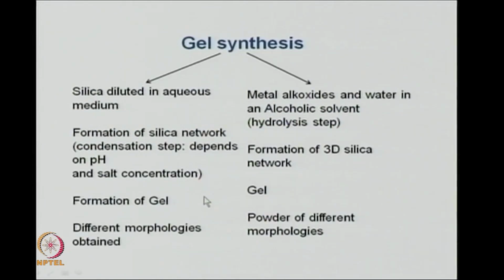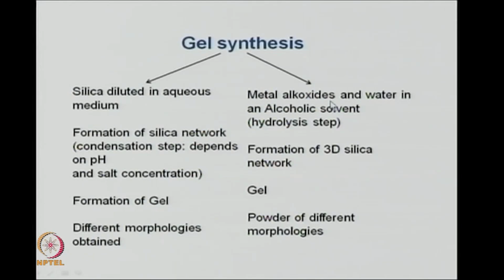So, for the gel synthesis, you can see how silica can be prepared in diluted aqueous medium, forms a silica network, and the condensation depends on pH and metal salt concentration, and it forms a gel with different morphologies.